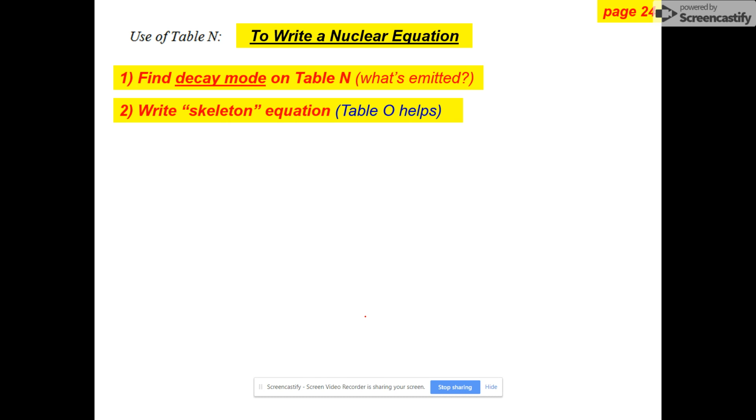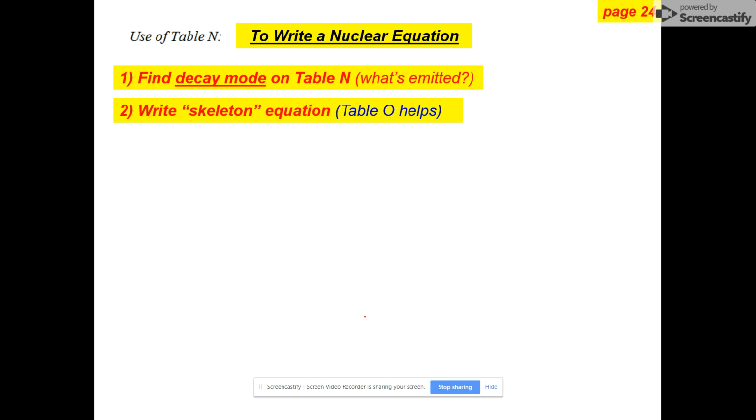Okay, so let's try writing a nuclear equation. All right, here we go. Now there are three simple steps to this, and they will look pretty mysterious until we do an example. So let's just get these steps written down. First, you look on Table N, and you know what atom or what element you're starting with, and so you have to find its decay mode. What particles does it emit when it goes through transmutation? What is emitted? Then you write a skeleton equation.